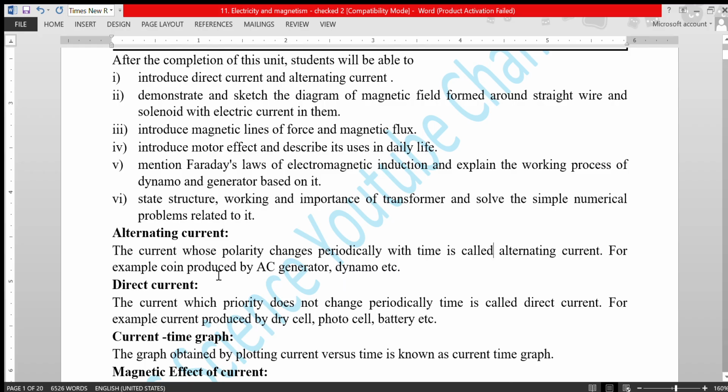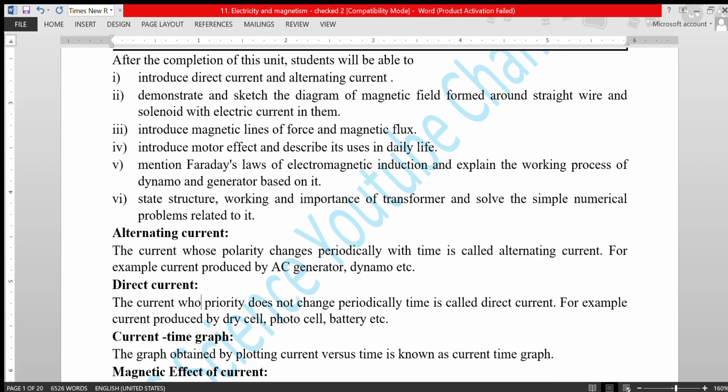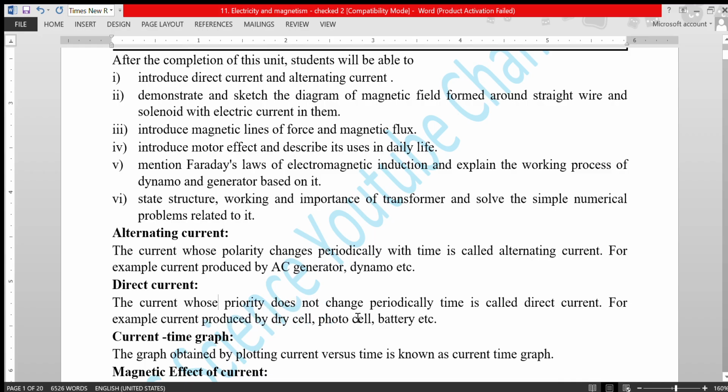For example, current produced by AC generator and dynamo, etc. Direct current: the current whose polarity does not change periodically with time is called direct current. For example, current produced by dry cell, photocell, battery, etc. Current time graph: the graph obtained by plotting current versus time is known as current time graph.